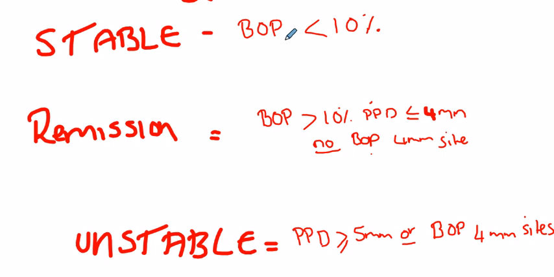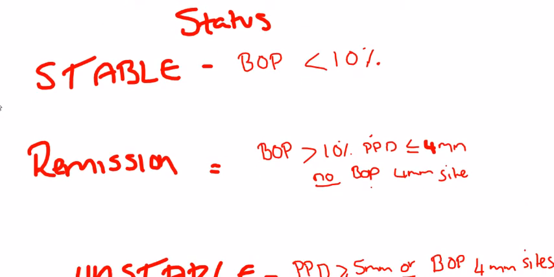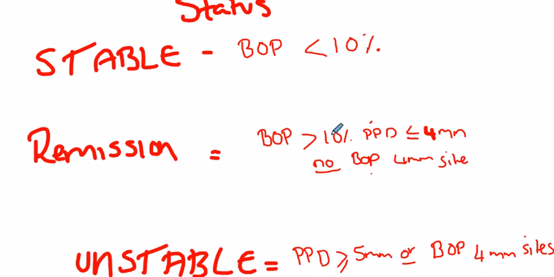If we look at stable, there is less than 10% bleeding on probing. If we look at the disease in the state of remission, there is greater than 10% bleeding on probing, with periodontal pocket depths of equal to or less than 4 millimeters, and there is no bleeding on probing at those 4 millimeter sites.